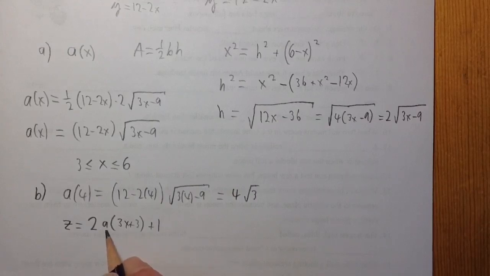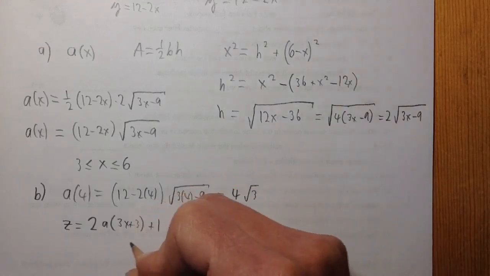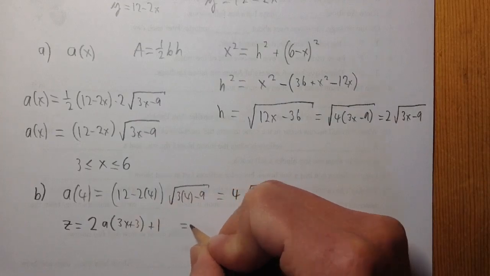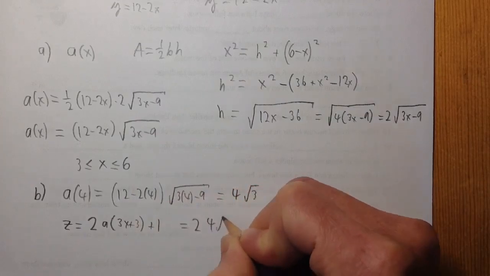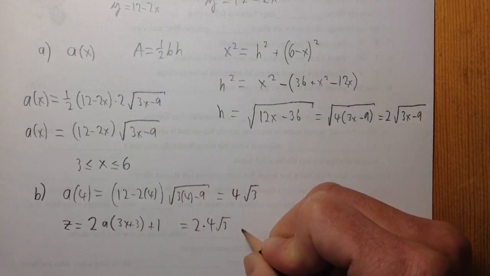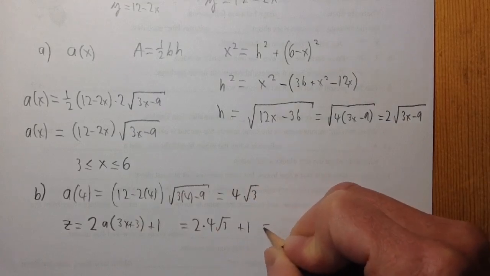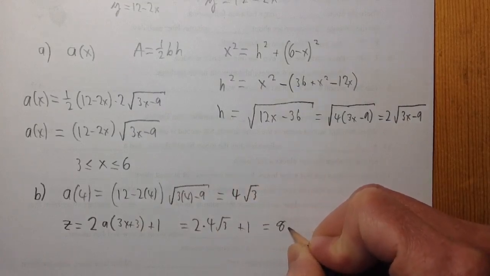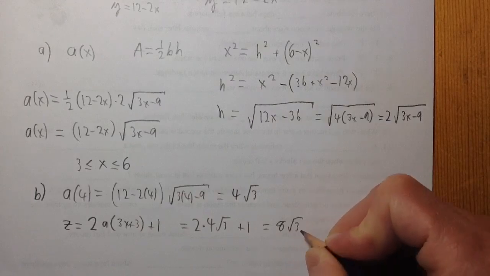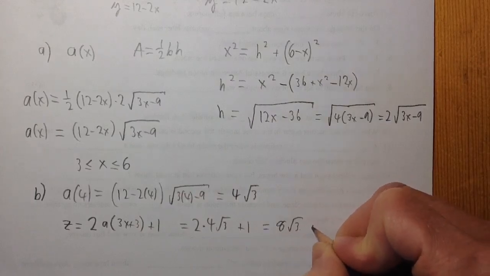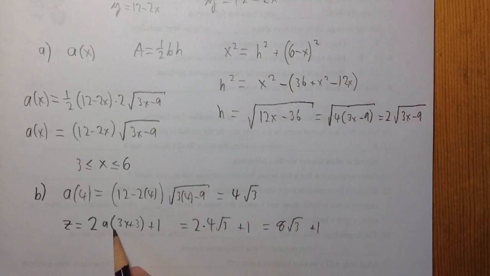The biggest A can be is 4 roots of 3. So the biggest this can be is 2 times 4 roots of 3, and then we add 1 to that, so that's 8 root 3 plus 1. That's the biggest this z can be. Okay, that's not so bad.